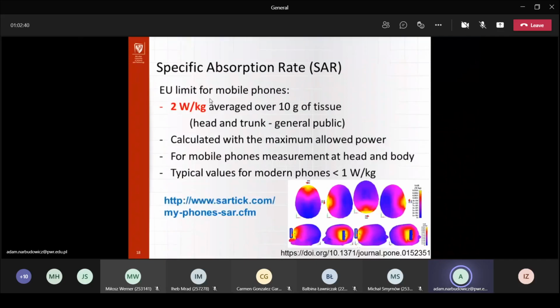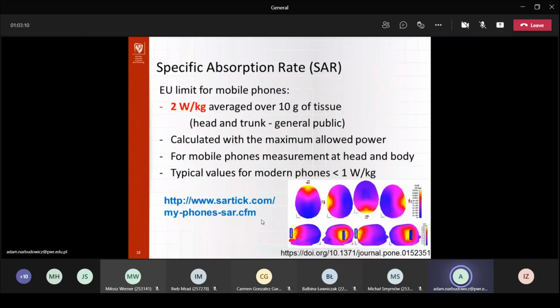If you're really interested in the topic, there is a website called SARTIC, with, among more detailed information, how SAR measurements are performed. You can actually find the manufacturer's data, and look into specific absorption rate in accordance with the European Commission standards for different phone manufacturers.